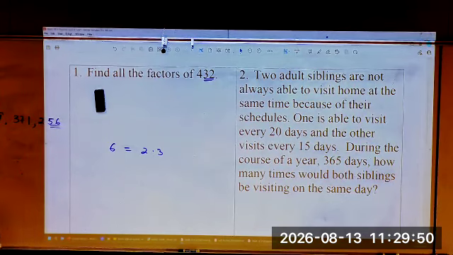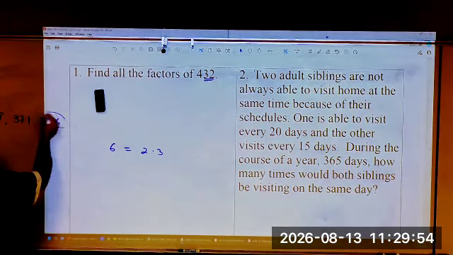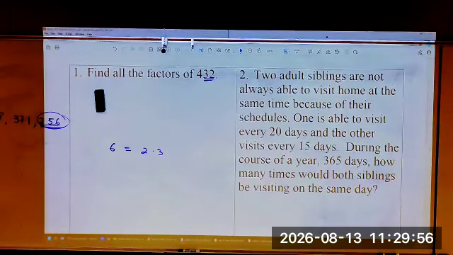For 8, you would have to look at the last 3 digits. 4 is the last 2 digits, 8 is the last 3 digits. So now it depends upon, do you know the multiples of 8?